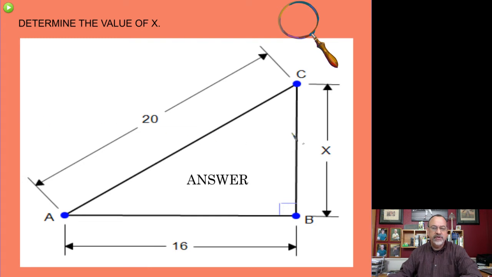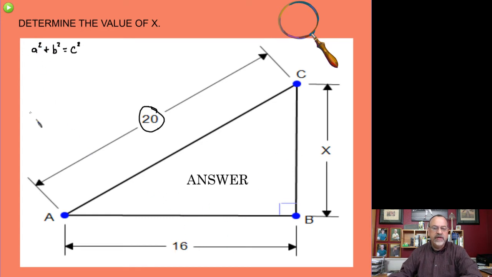Another example or two. Again, because it's a right triangle and I want to find the length of a side, I can use the Pythagorean theorem. I just must be sure that my hypotenuse goes here. So I identify that this is my hypotenuse, so this must go in for the c value here. Make sure you make that identification first.